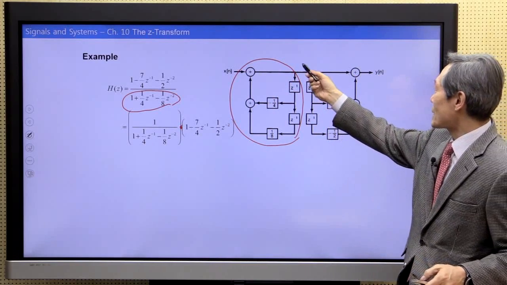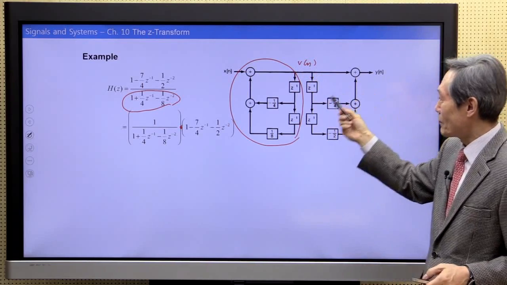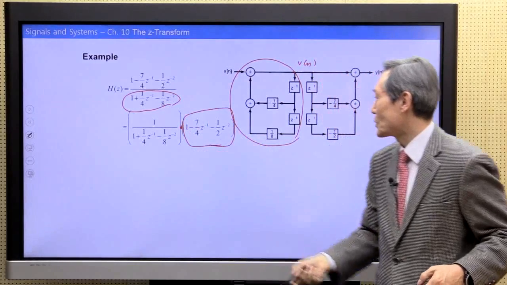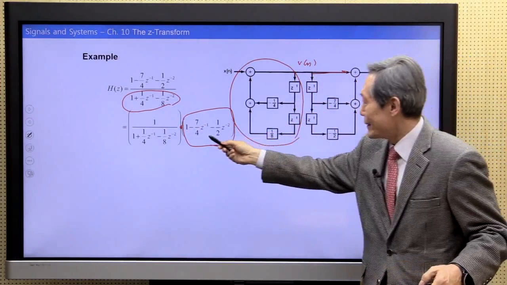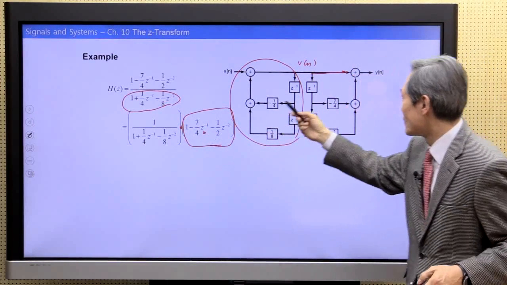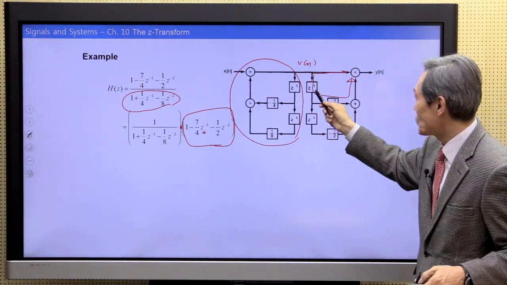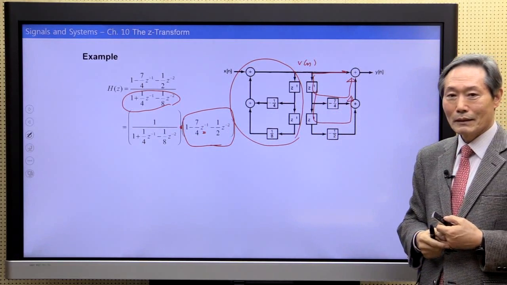If this one is Vn, and if you determine Yn from Vn, you have just that relation. Say Vn term and Vn delayed. One delayed term and delayed twice. Okay, that's what we get.